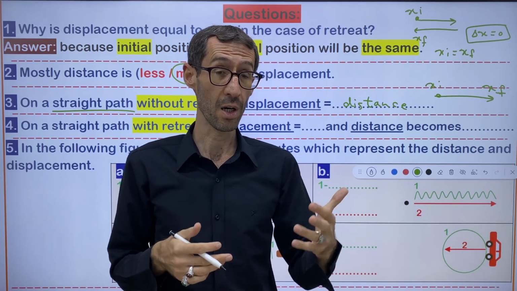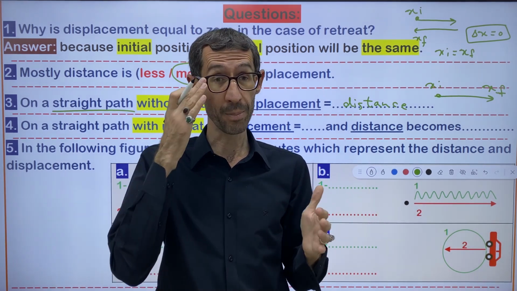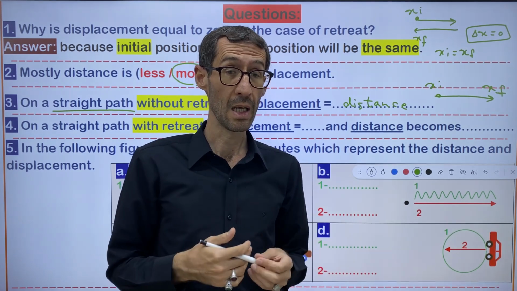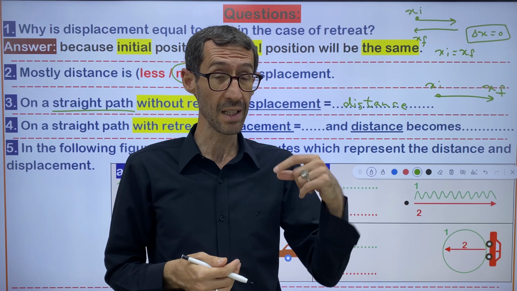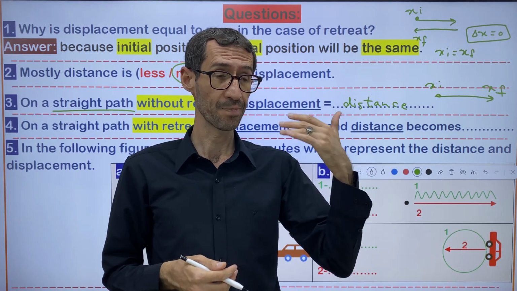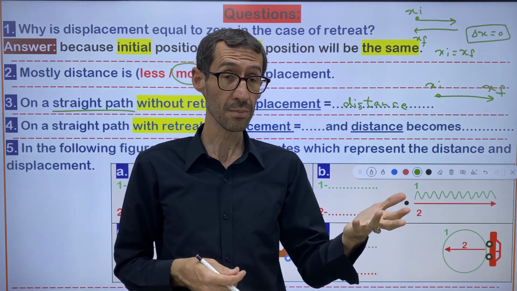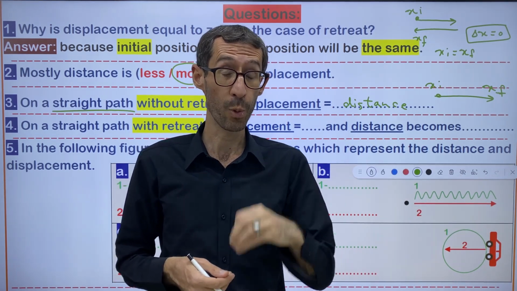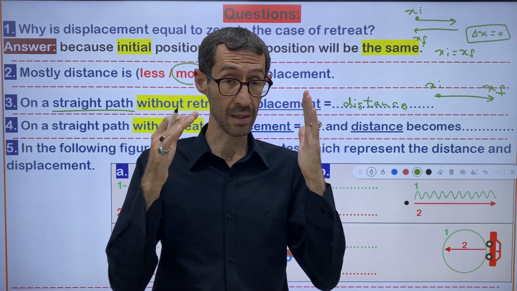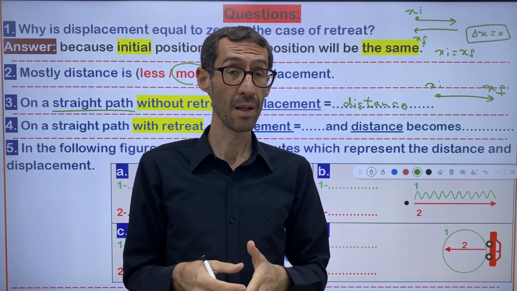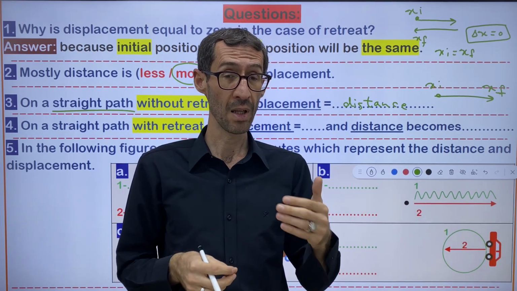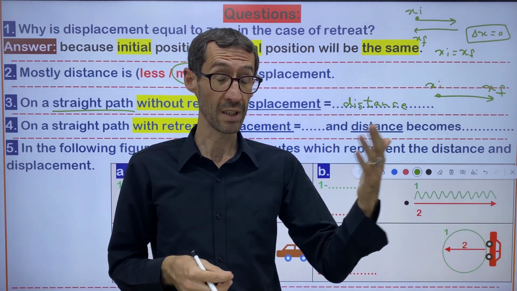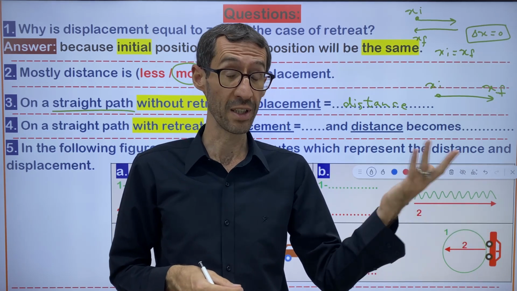You take your car out of the yard and you start your trip. And after that, for example, after 1 day or after 2 days, you come back to your original position. You park the car at the same position where it was, right?